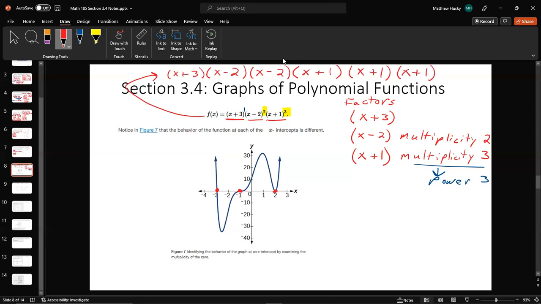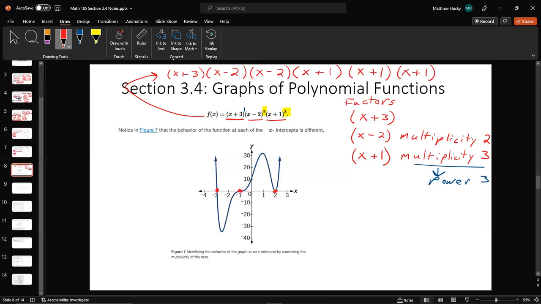But since ain't nobody got time for that, they just write it one time and put a little 3 up there to tell everybody, hey, there are actually 3 of them. I'm just going to write it once and put a 3 up top just to save time and space. But just so you know, that's really what this means.